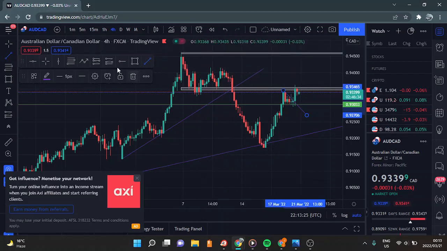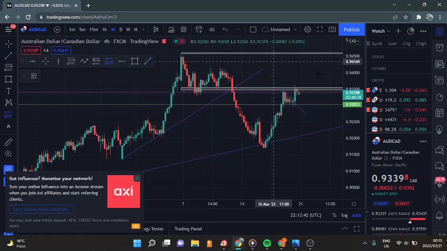We can use this tool to estimate our risk, and I like to use a risk-to-reward ratio of 3:1 in order to catch more pips and risk less. I'm going to use the long position.